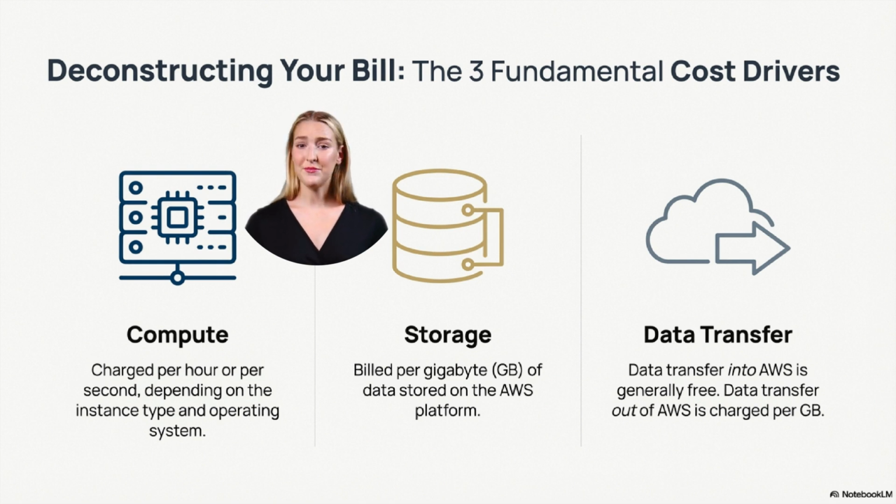Data transfer. This is a common area of confusion. Data transfer into AWS, inbound, is generally free. However, data transfer out of AWS, outbound, is charged per GB. Understanding these three pillars allows you to look at any AWS architecture and predict where the primary expenses will originate.